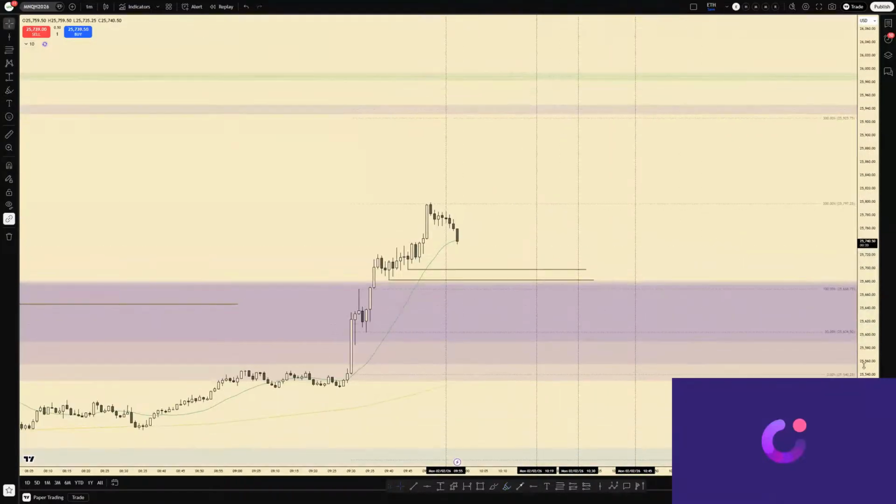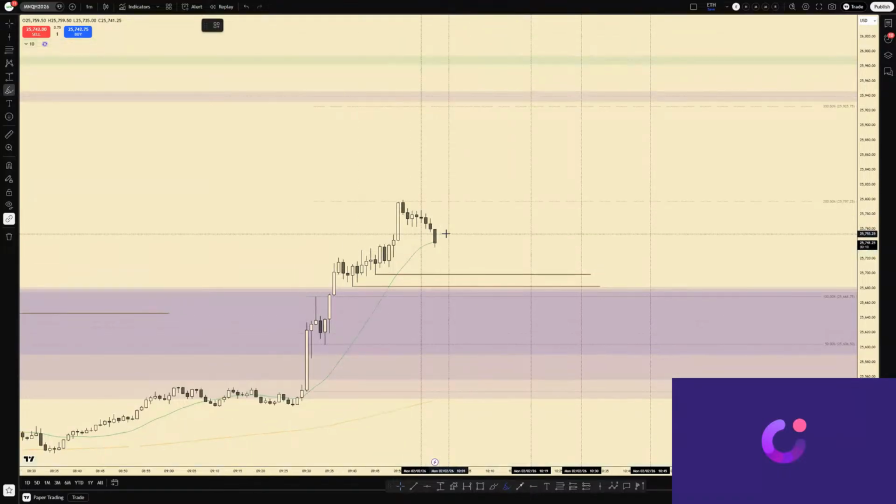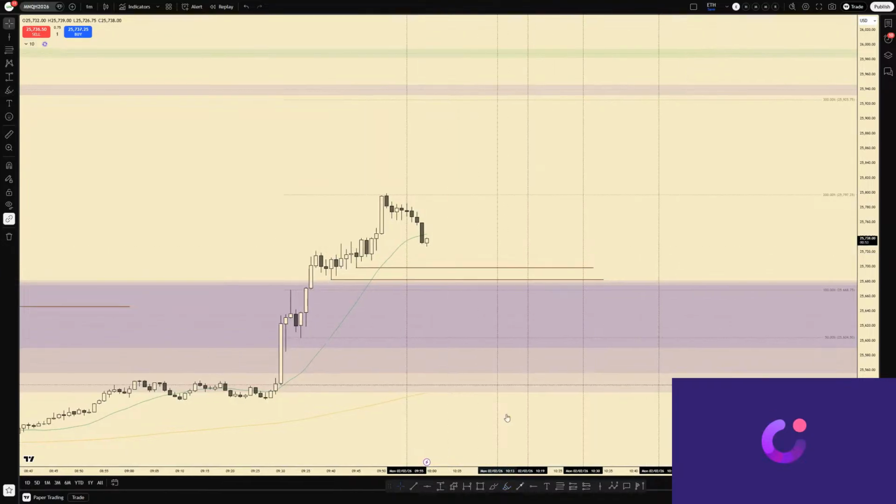So I also don't want to get caught in a reversal. I mean, okay, I am not trying to catch the top, and I don't want to try to catch a short setup right at the top of the ranges, but I also don't want to get caught in a reversal, okay?